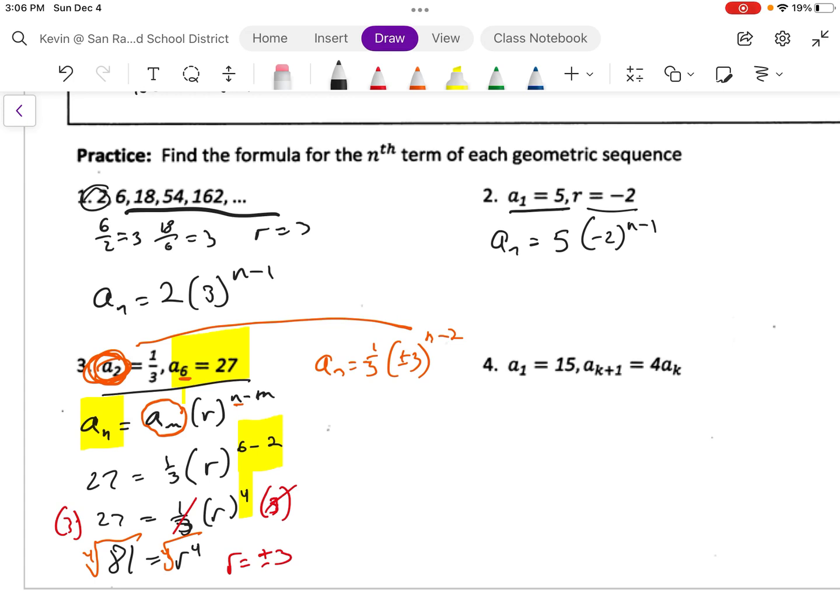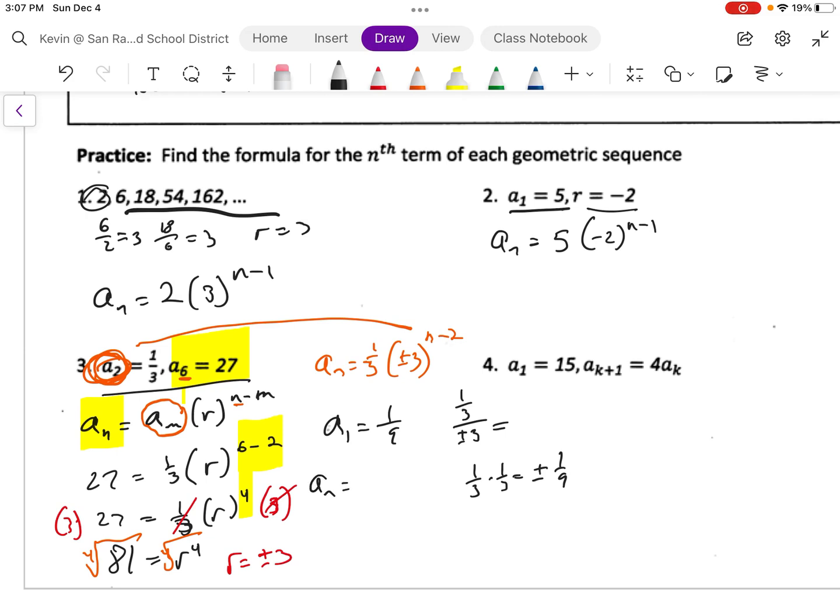And our first term, a sub 1, equals plus or minus 1/9. Why is it 1/9? Well, because I take 1/3 and I divide it by my r, which is actually plus or minus 3. So that's 1/3 times 1/3, which equals plus or minus 1/9.